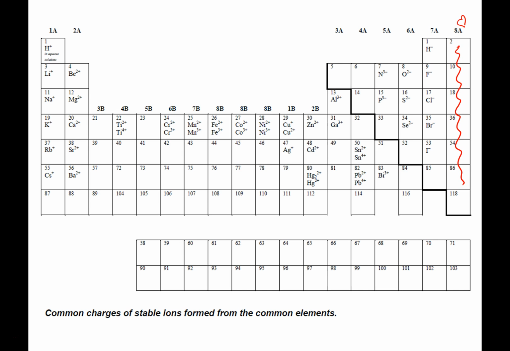So the reason why, for instance, the 7As, for instance, pick on chlorine, forms a -1 is it picks up 1 electron to get 8 electrons. It still has the heart of a chlorine atom, but now it picked up 1 electron. Now instead of 17 electrons, it has 18 electrons, 8 valence electrons, and that's why it's -1.